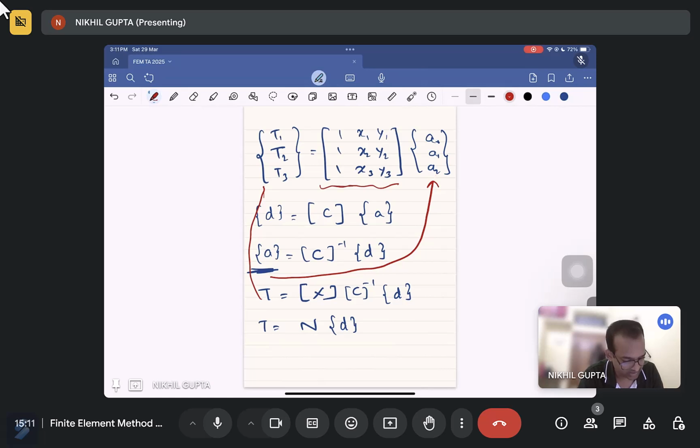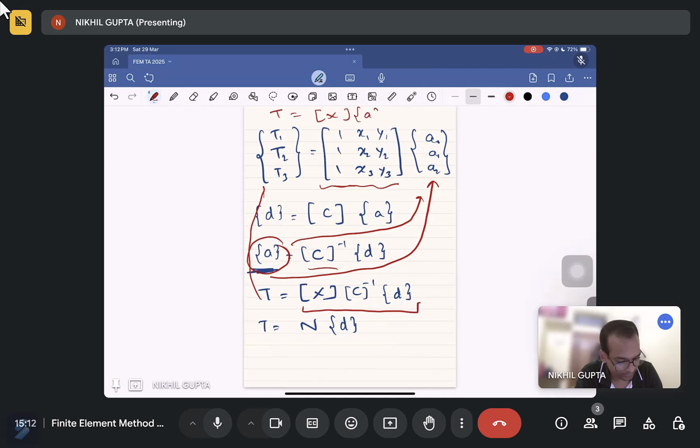So A is C inverse D. Now T: I am putting this A in this equation, so T is X into A. And A we have found as C inverse D. So it is T equals X into C inverse D.